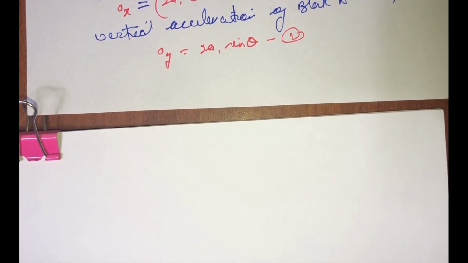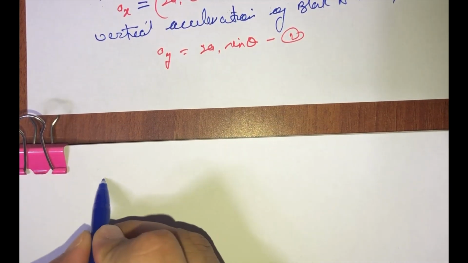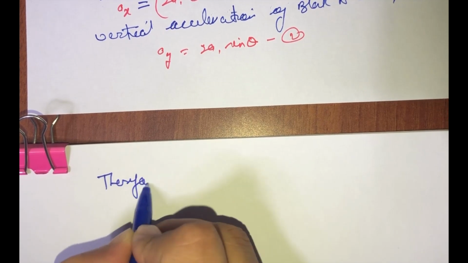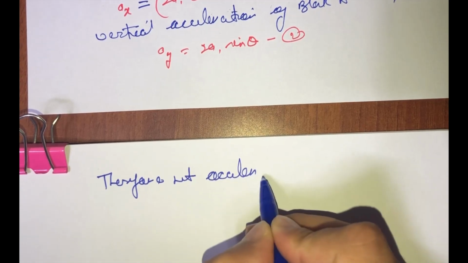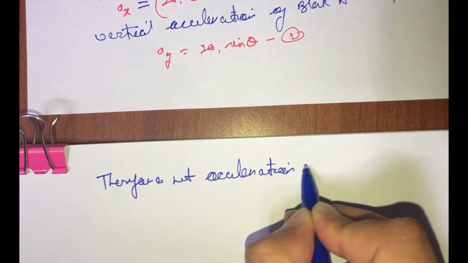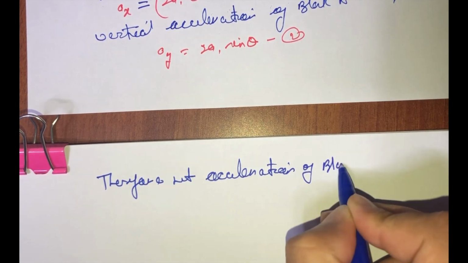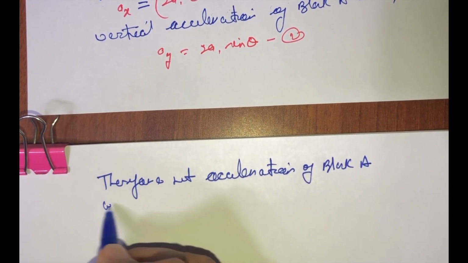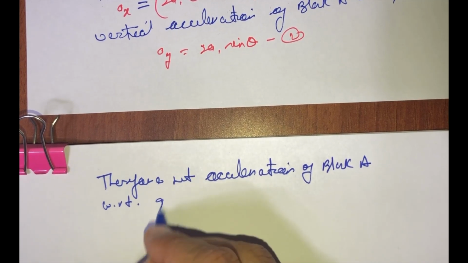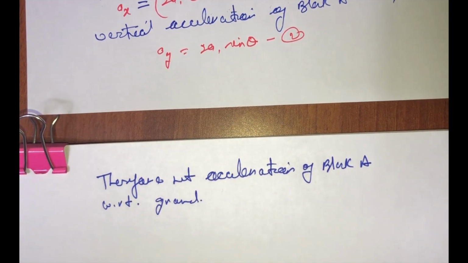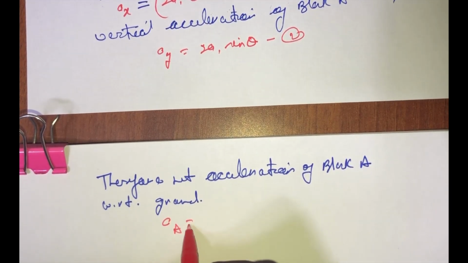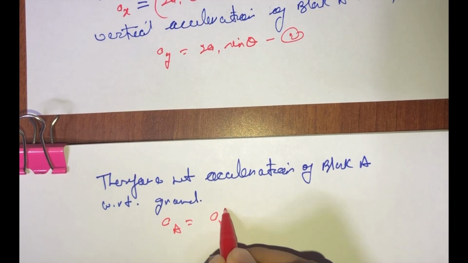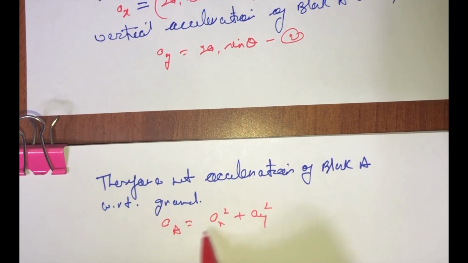Thus the net acceleration of block A with respect to ground, let us call this AA, will be equal to the square root of AX square plus AY square.